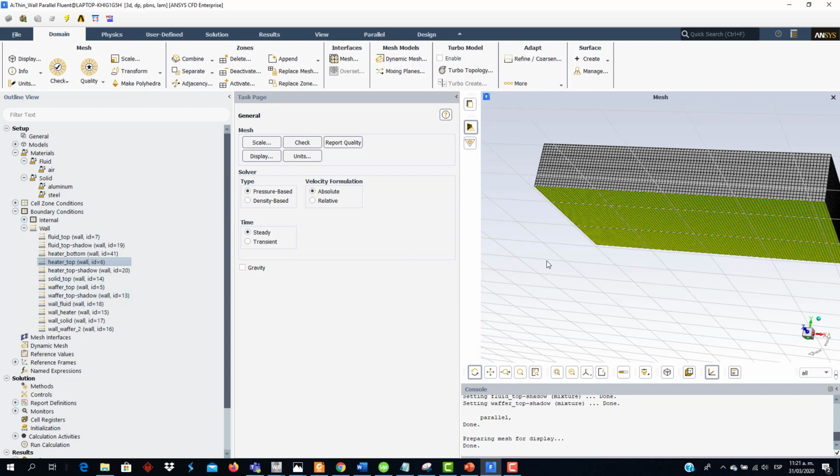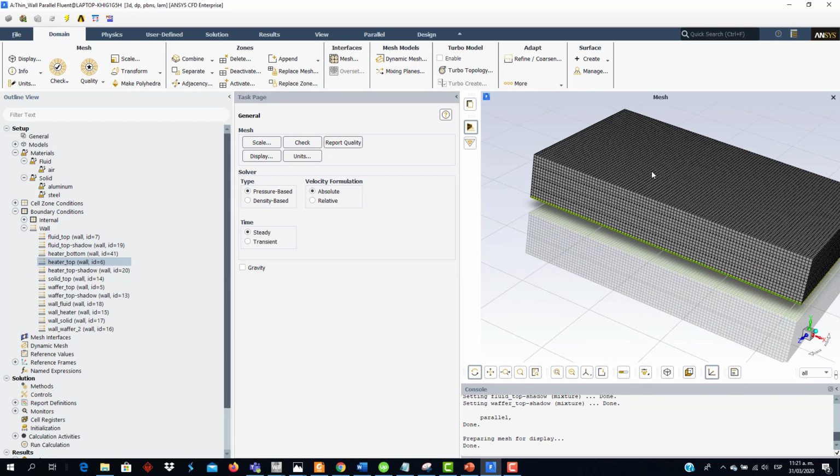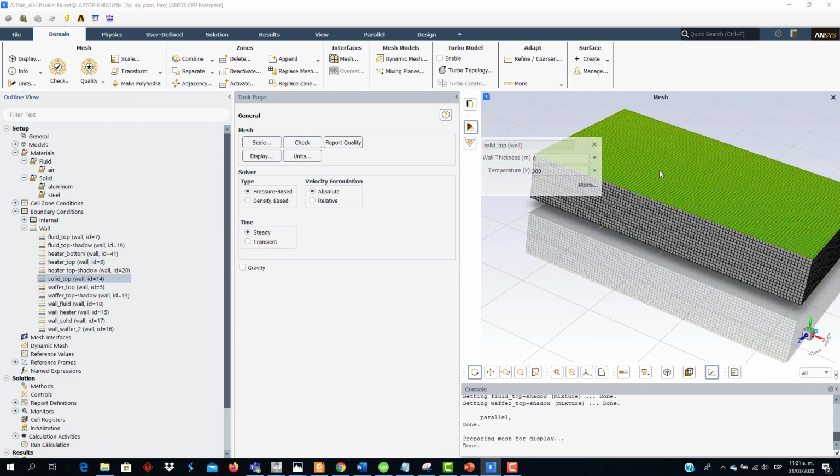For example, all of the boundary conditions for all walls between the heater and the upper solid were prescribed as coupled, except the top wall of this solid. For example, this was prescribed with a temperature of 300 Kelvin.